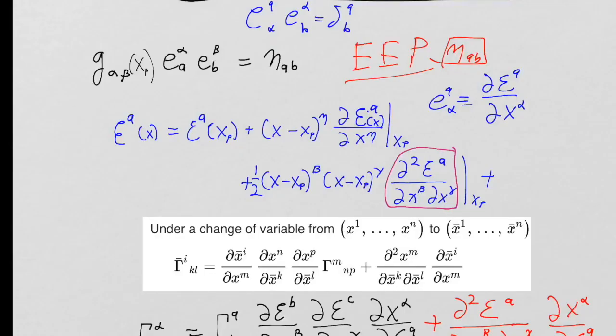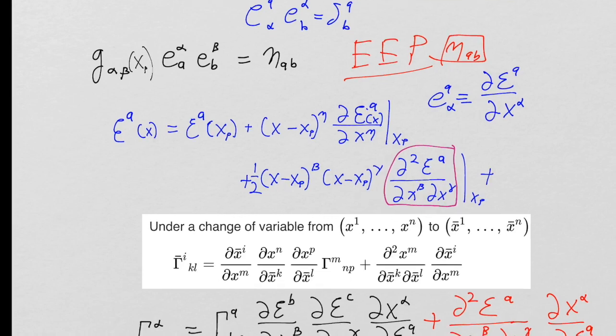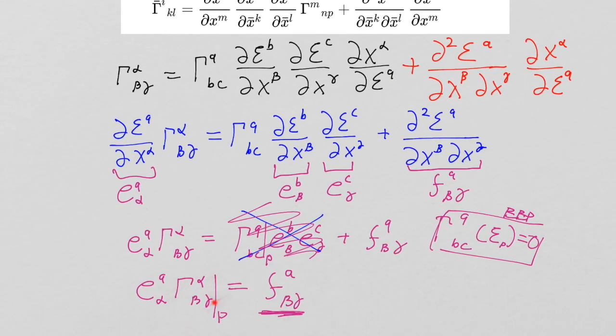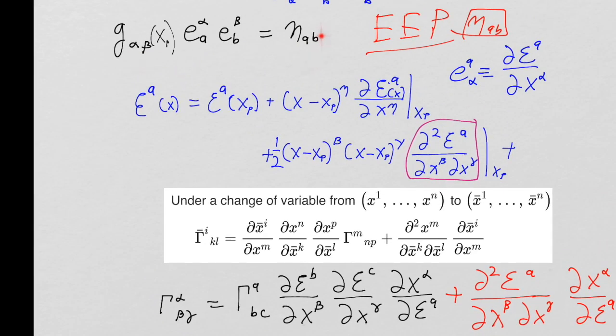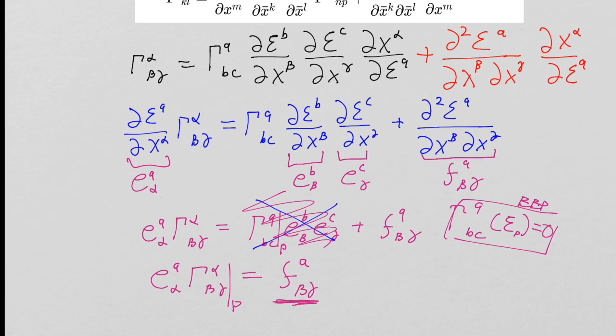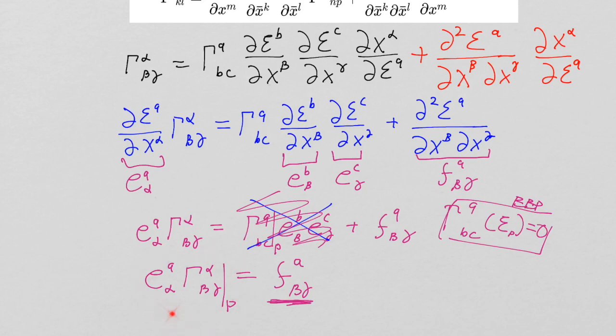So when we land here and we're trying to find out what's the second order term to transform from some inertial at P system to this arbitrary X, well, what do I need? I need the known connection at P and then this matrix, this E matrix, which was already fixed by our first invocation of the Einstein Equivalence Principle that asserted that the metric has to be diagonal. So this is entirely known, is my point.